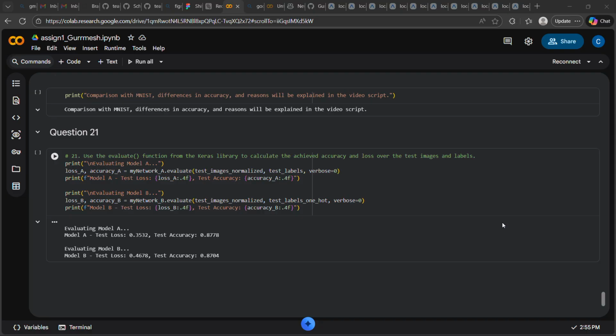Comparing the training accuracy with the test accuracy for A and B helps us identify overfitting. If the training accuracy is significantly higher than the test accuracy and the training loss is much lower than the test loss, it indicates that the model has learned the training data too well, including its noise, and does not generalize effectively to new unseen data.